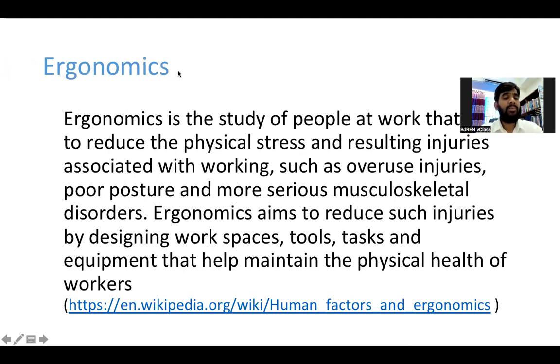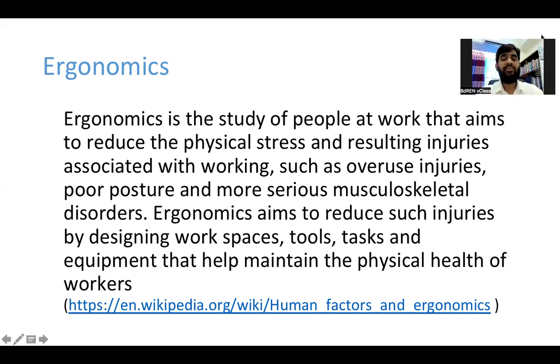Another tool of job redesign is ergonomics. Ergonomics is the study of people at work to reduce their physical stress and resulting injuries associated with working, such as overuse injury, poor posture, and more serious musculoskeletal disorders.